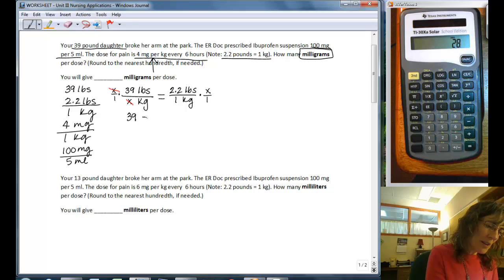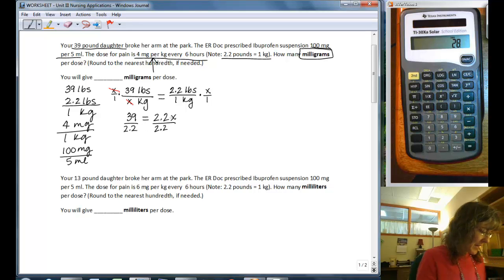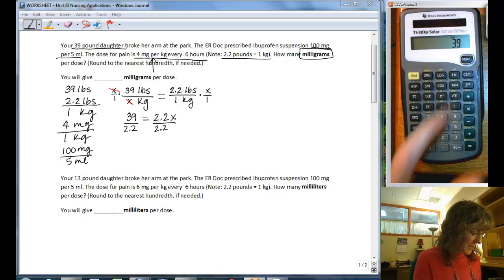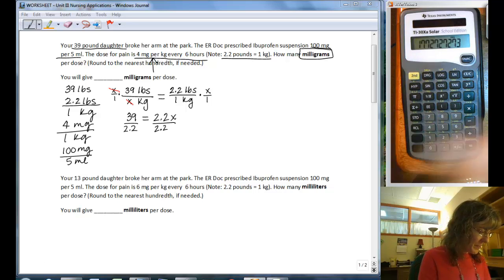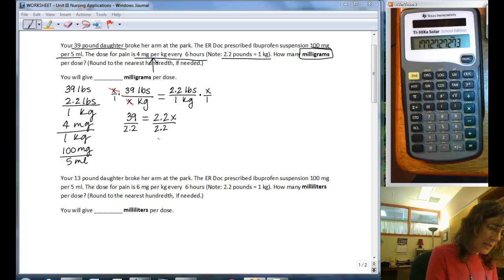So I have 39 on the left equals 2.2x, divide both sides by 2.2, and then I can put 39 divided by 2.2, and I get x equals 17.72.